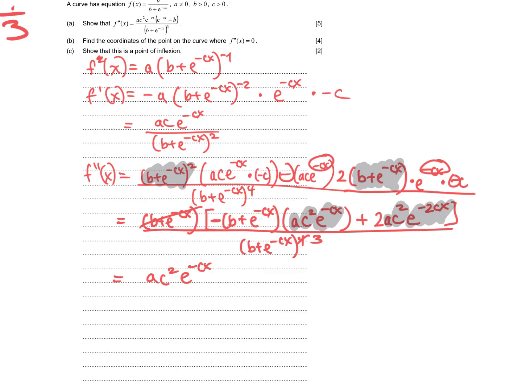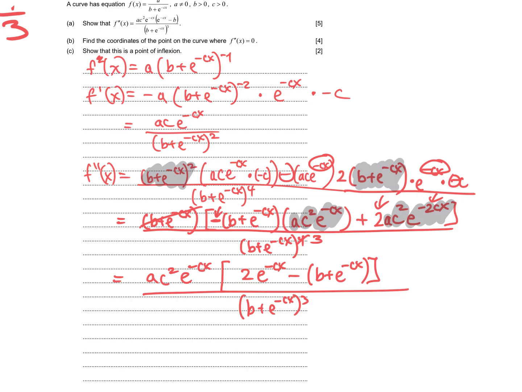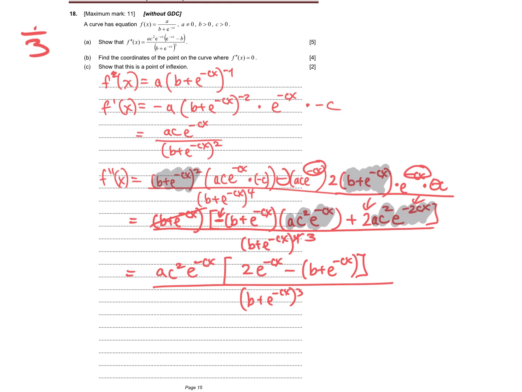Okay, and now on the inside, we're going to have a 2, I'm just doing this one first, another e to the negative cx from this, minus, because of this, b plus e to the negative cx, all over b plus e to the negative cx cubed. And I think it almost looks like that, right? So we have a c squared e to the negative cx, bracket.